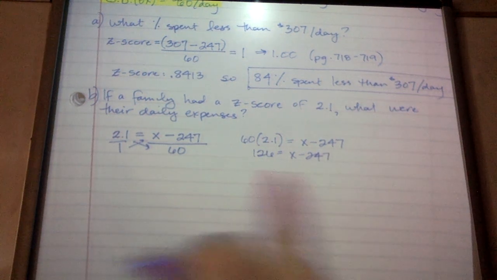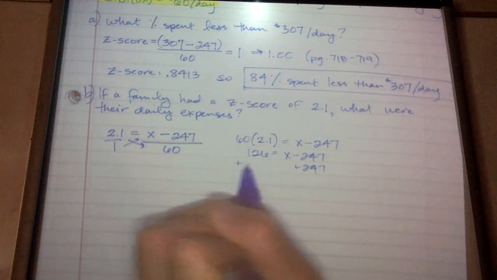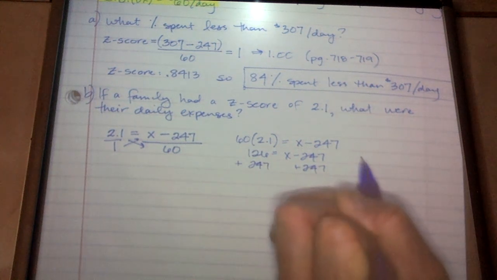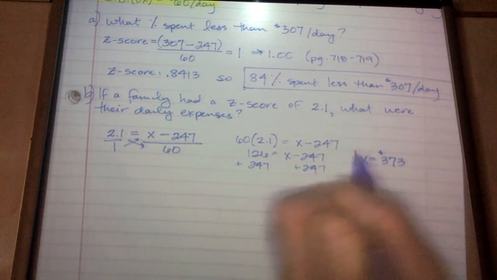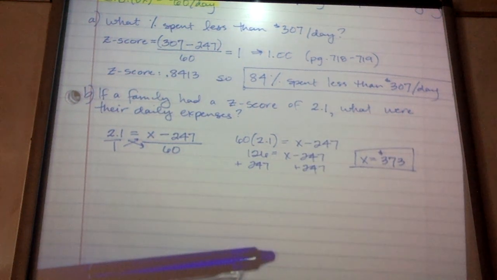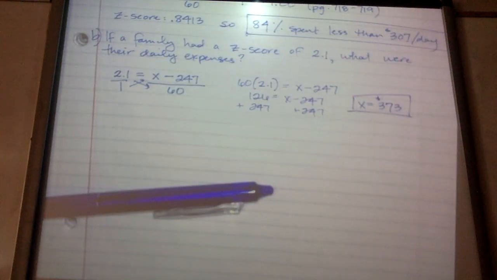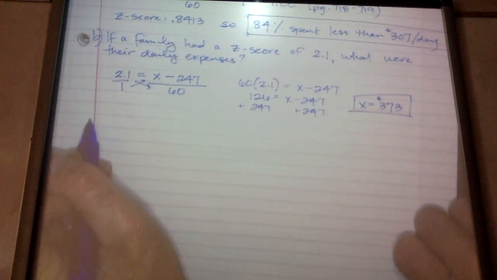If you add 247 to both sides, I got x equals $373. So a family with a z-score of 2.1 spent $373 on food and lodging. You know, they definitely didn't go to the grocery store. They just ate out at restaurants with that price.